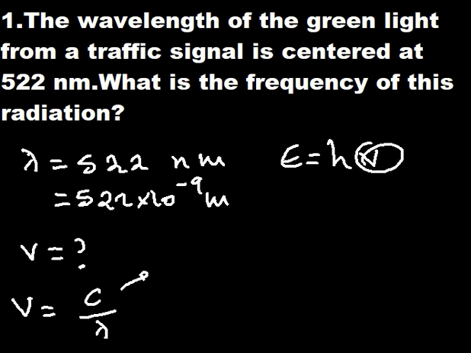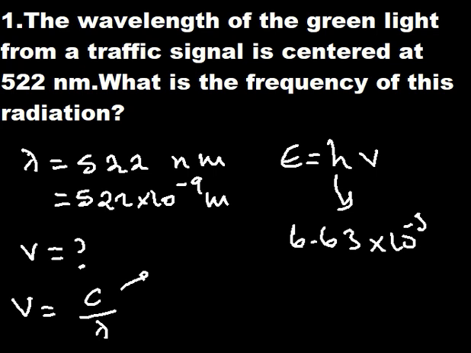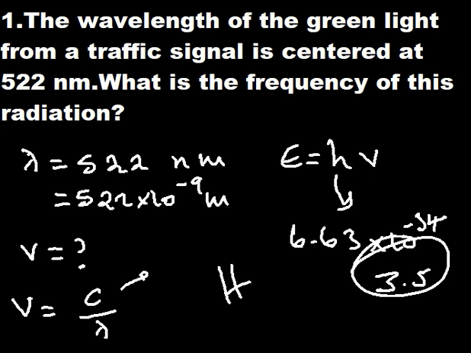Upon having the frequency, you put it here, and the Planck's constant is a constant value, 6.63 times 10 to the power negative 34 joule seconds, that we substitute. Then we have the frequency in hertz.